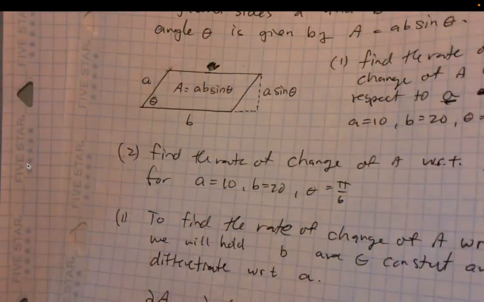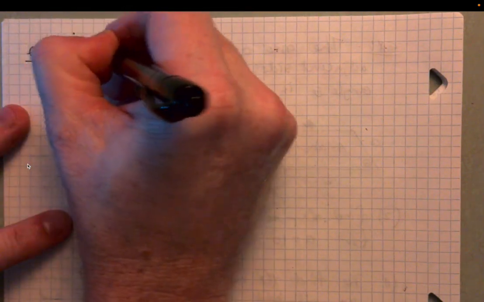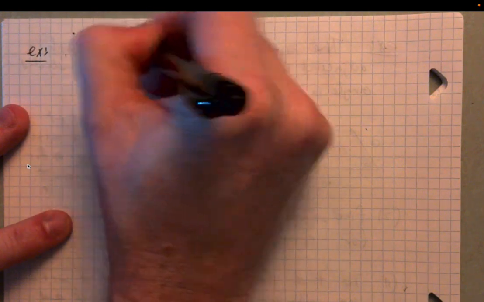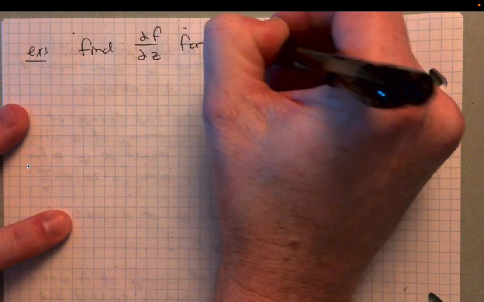Excellent. All right. Let's see some more examples of some of these derivatives with more variables. So let's try a simple one. Not too hard, but let's find del f del z for f of x, y, z.